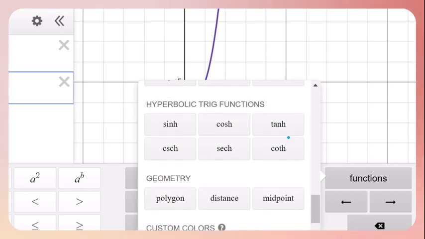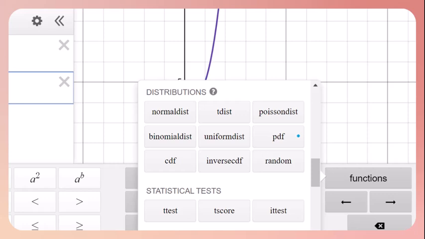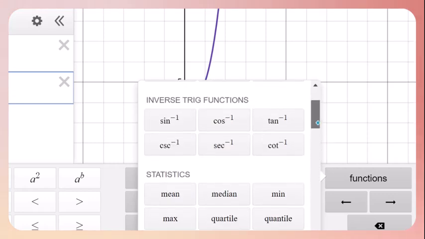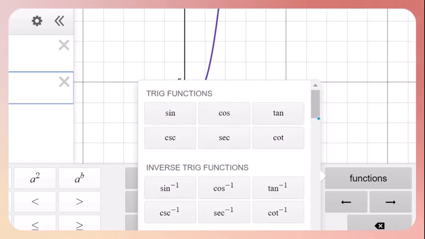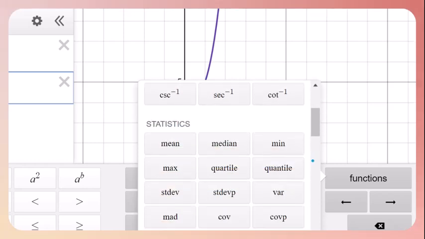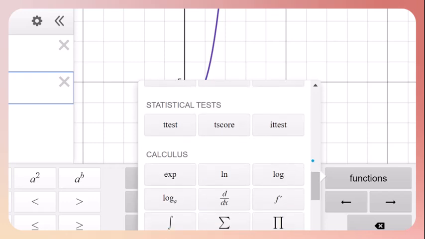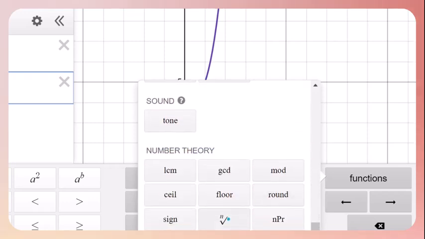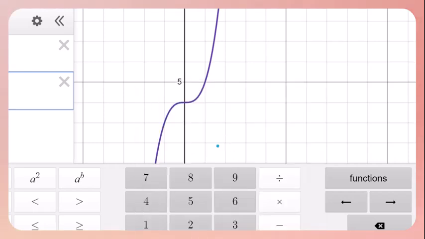Where is it? Let me slow down a little bit. I know it's down here somewhere. Oh, here it is. All right, cube root of x minus 2.